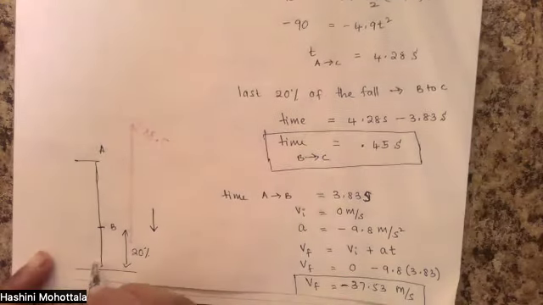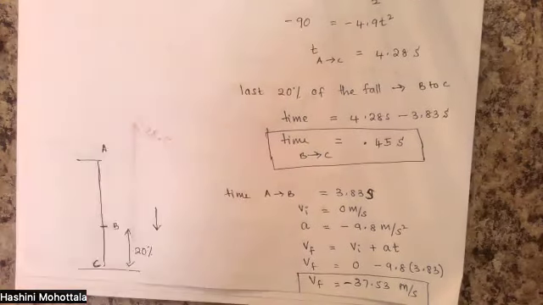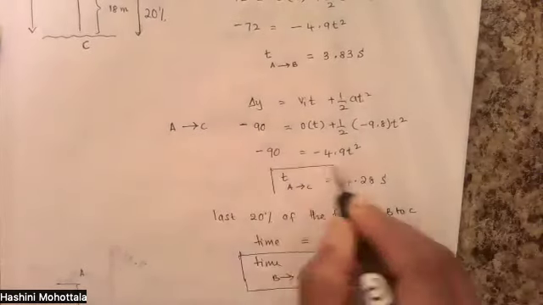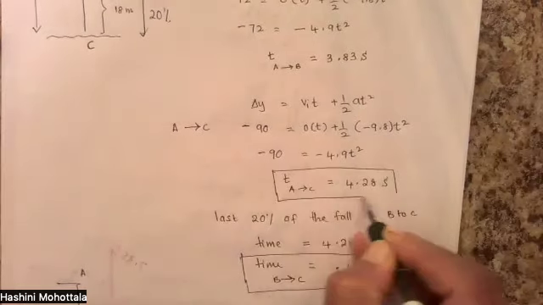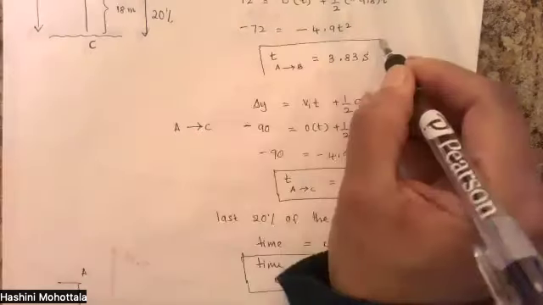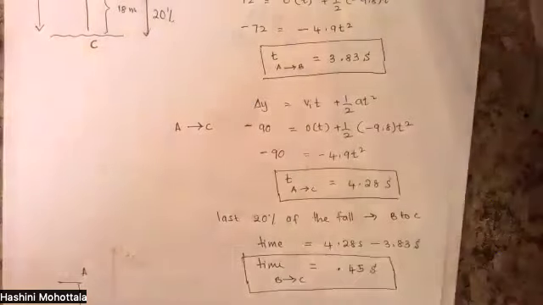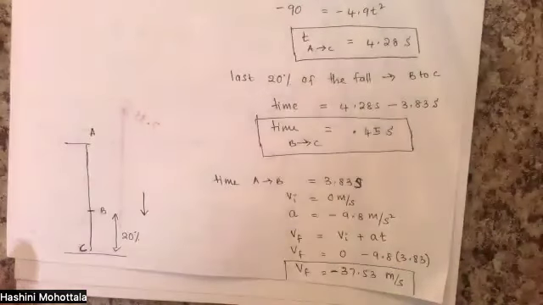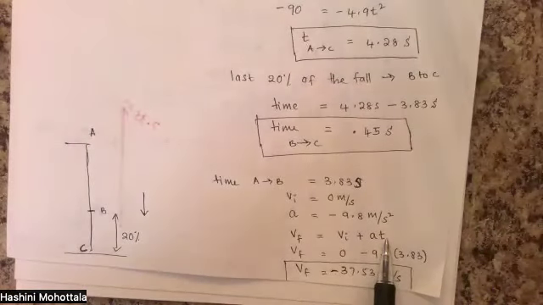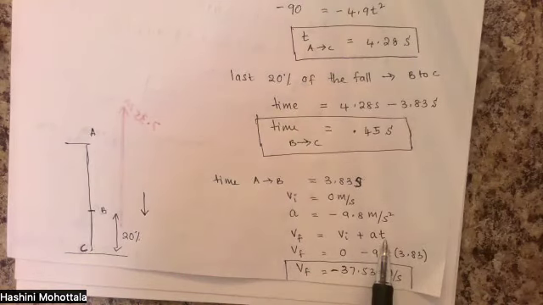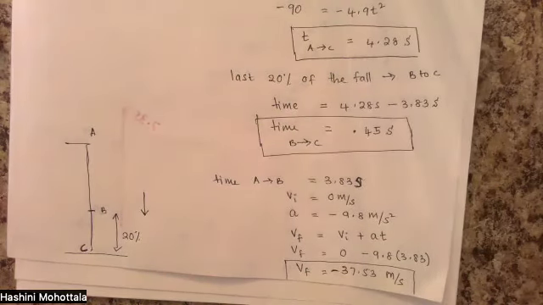That means the velocity at point C. And again, good thing that we found the time corresponding to the full fall as 4.28. So you can substitute t equals 4.28 in the same equation, and you can find the answer. I am getting the answer as 42.04 meters per second as the final answer.